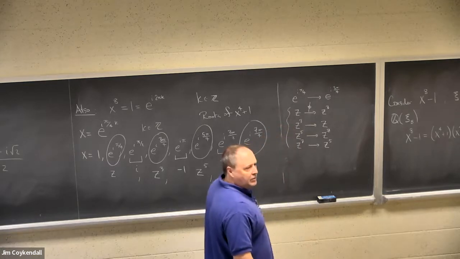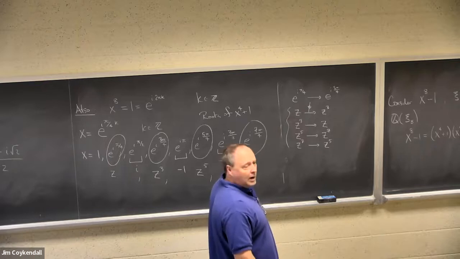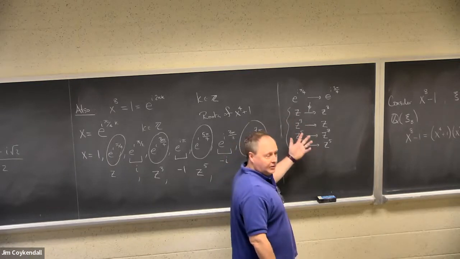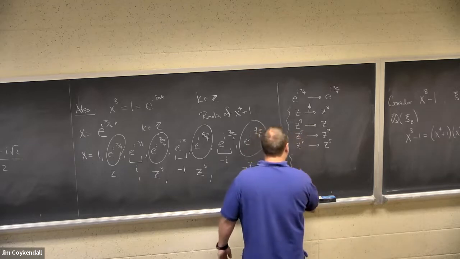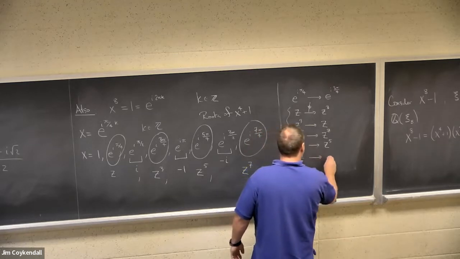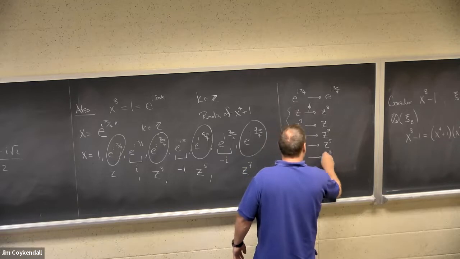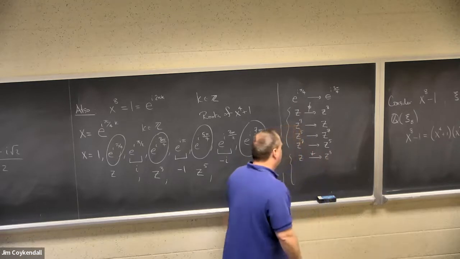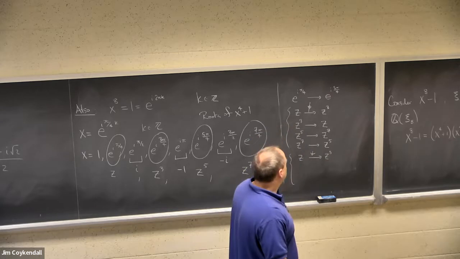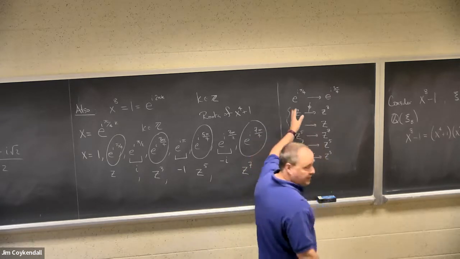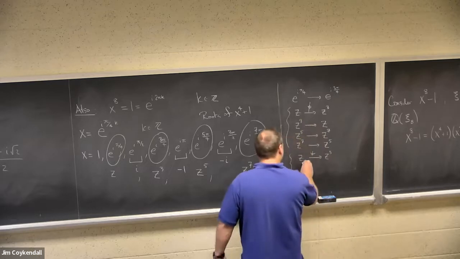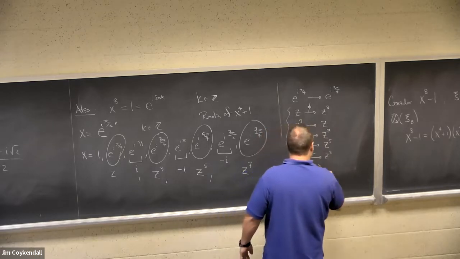What's the order of these isomorphisms? 2, right? Everybody agree with that? If I compose this twice, I get the identity. Okay, well, maybe I found them all. Let's try this one. Right, because remember, for every pair of roots, it has to be a transitive action. So there has to be something that fits. So there's something that fits in Z5. If Z goes to Z5, where does Z5 go?